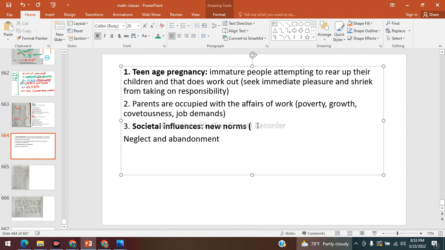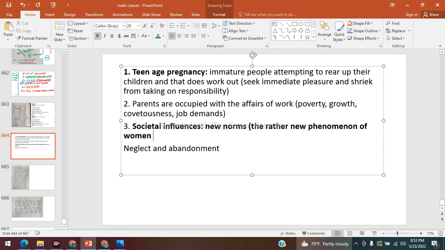A lot of things fall under this. The first thing is the rather new phenomenon of women working like men, right?